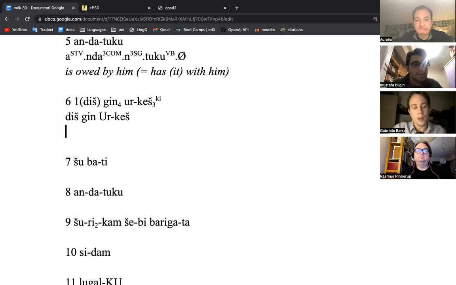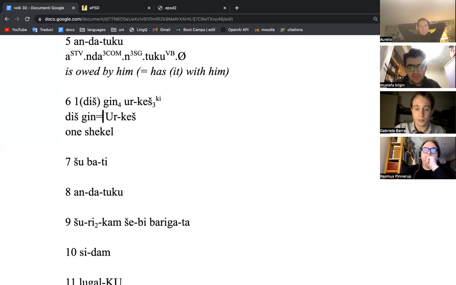So yeah, we have Dishgin, which is quite straightforward if you ask me, one shekel, right? And then we have Urkesh. What case might that be in? Actually, I just remembered wrong, but it is still a location.